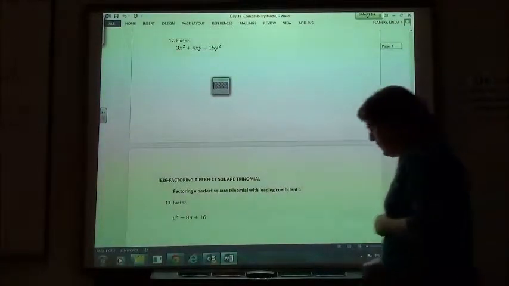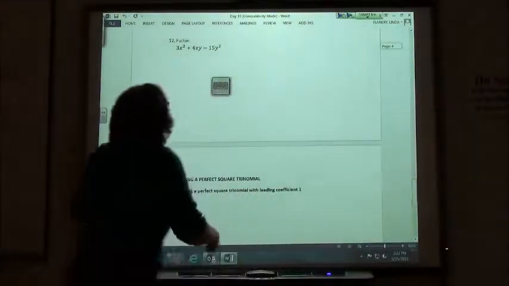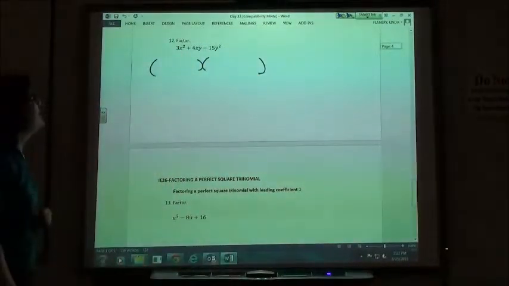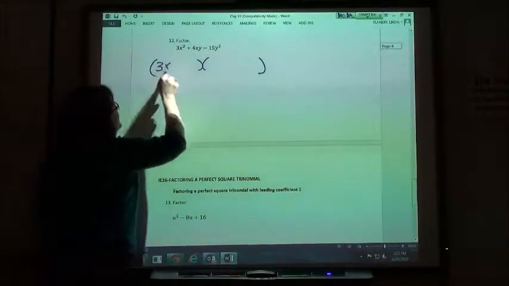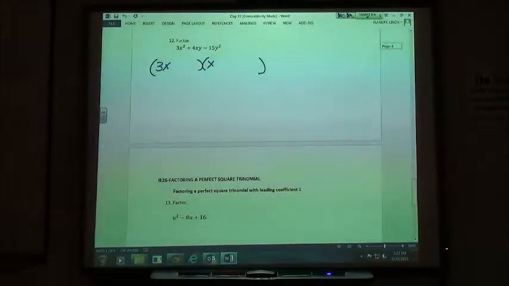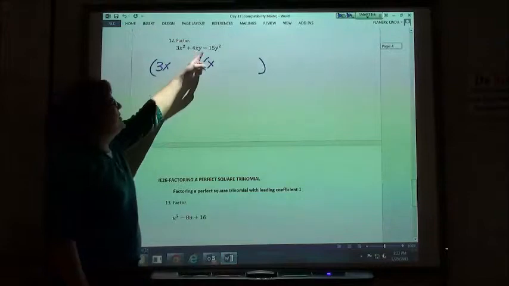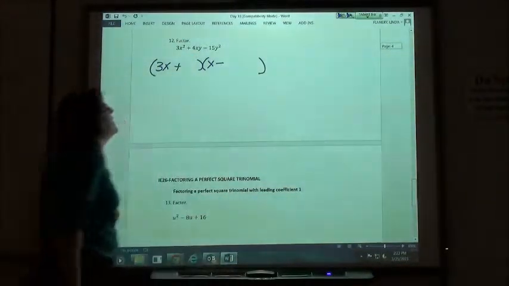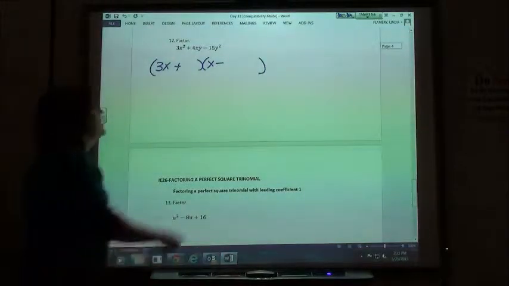Number 12, still factoring. Going to put my two sets of parentheses, factors of 3x squared. 3x times x, or x times 3x, whichever order you prefer. My end is negative. If my end is negative, I know I have 1 plus and 1 minus. Factors of 15y squared.